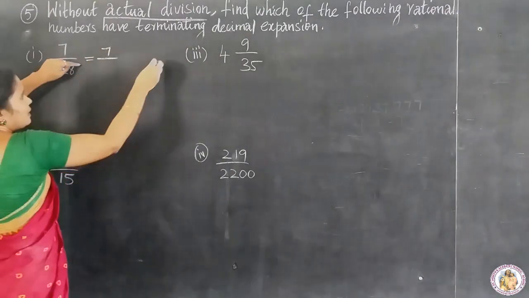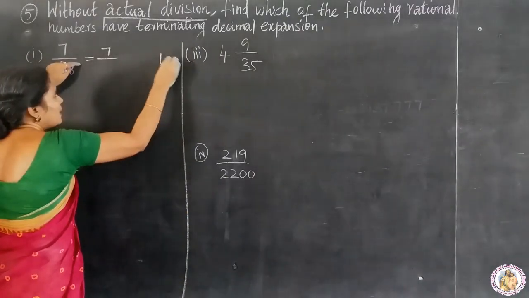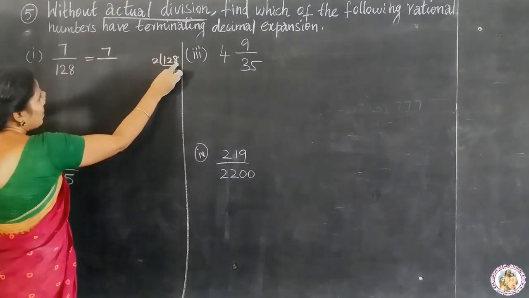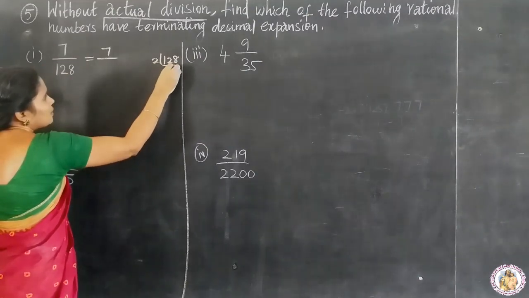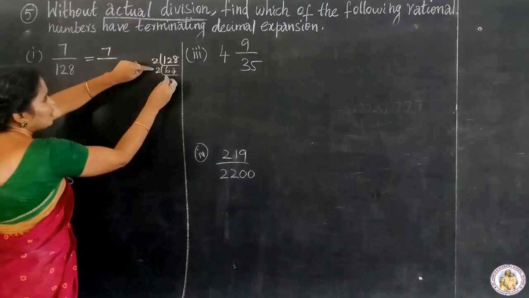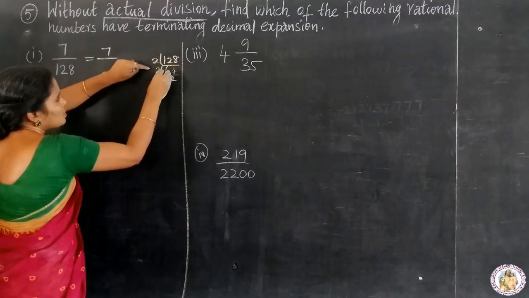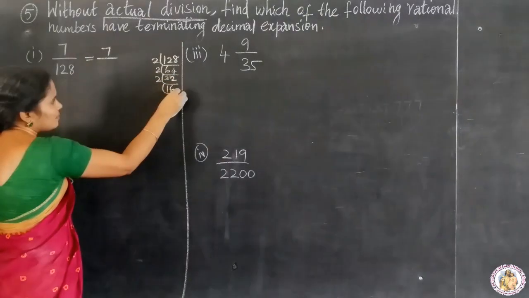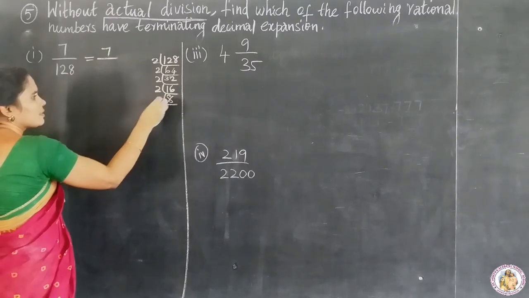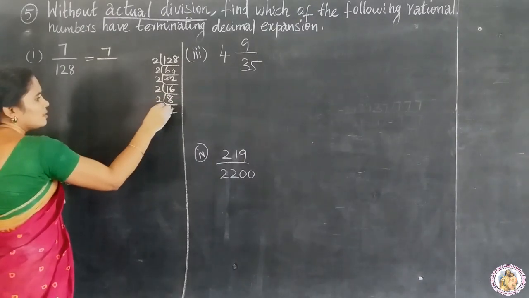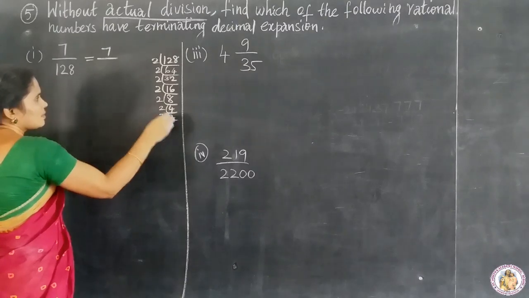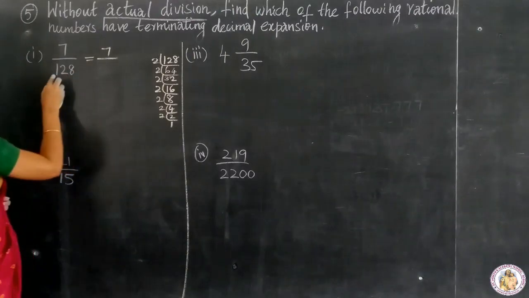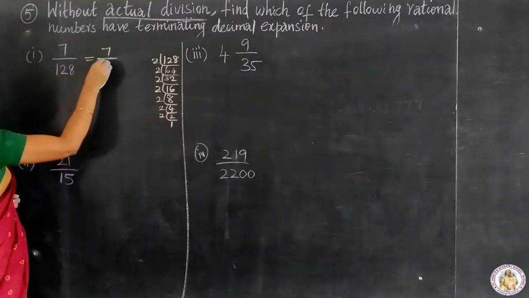7 by 128. So for 128, take the LCM. Last number is 8. It will go in 2 tables. 2 6s are 12, 2 4s are 8, 2 3s are 6 and 2 2s are 4, 2 1s are 2. So 128 is 2 to the power of 7.